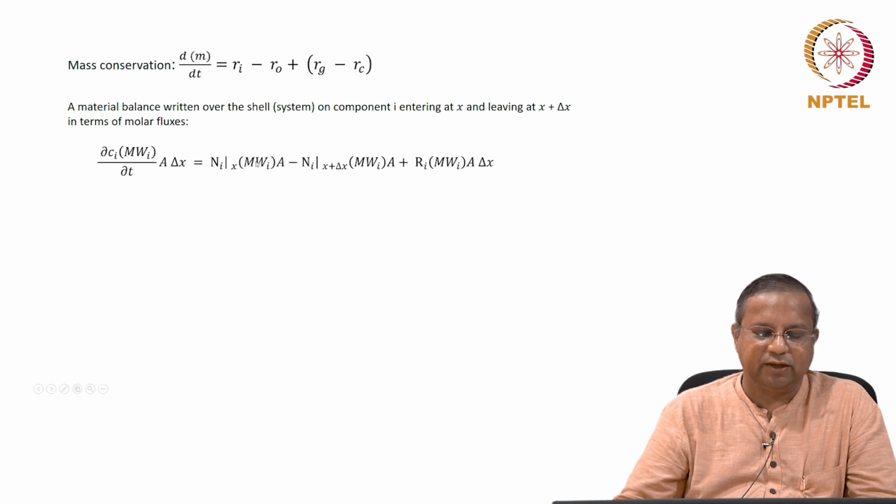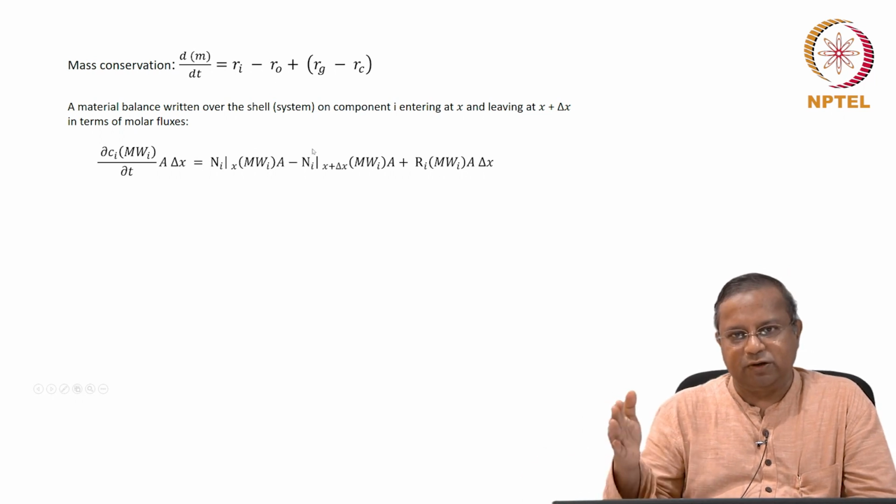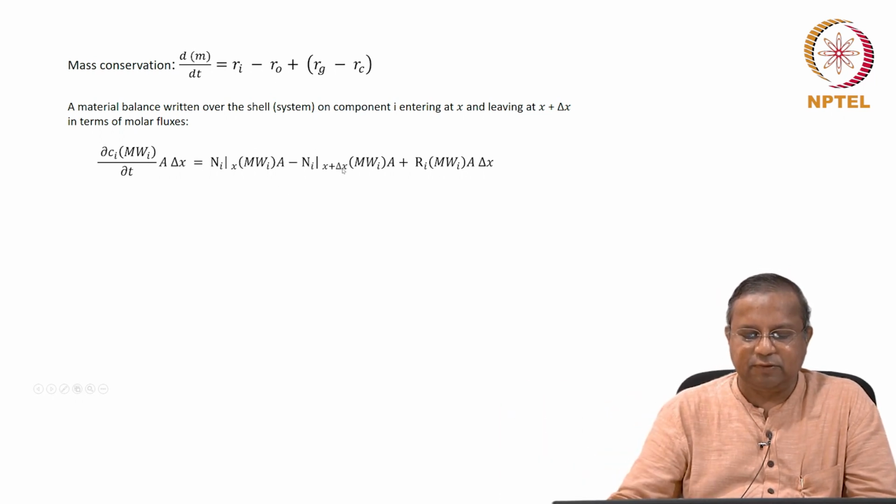If you multiply it by the area, this becomes the flux, the molar flux, the mass flux, and mass flux times the area will give you the mass rate, and that is the reason for this combination Ni at x, molecular mass I times A, minus the output rate. The output is at x plus delta x. So, Ni at x plus delta x, molecular mass times the area, the rate, this is the flux and you get the rate, and Rg minus Rc in the regular reaction rate terms is Ri.